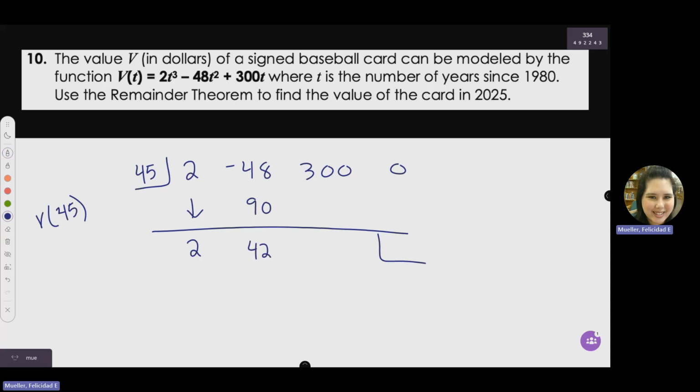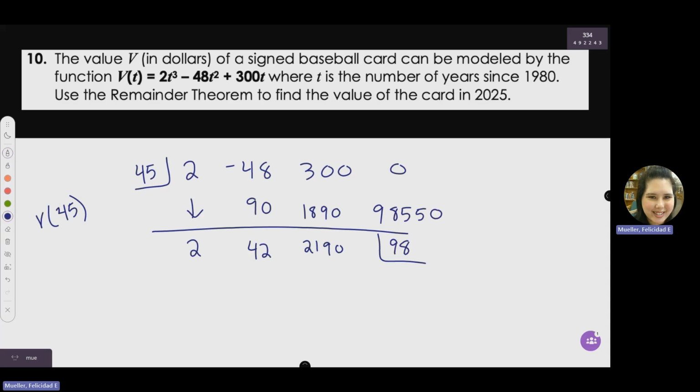And now we're getting to big numbers. 42 times 45 is 1890. 1890 plus 300 is 2190. 2190 times 45 is 98,550.